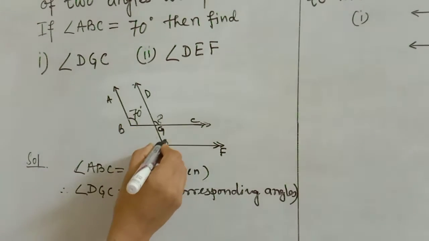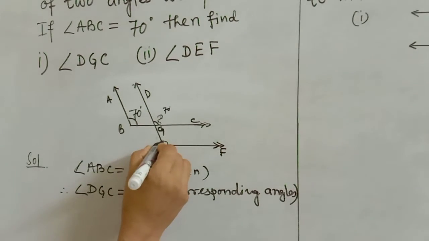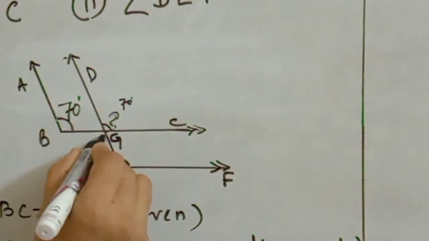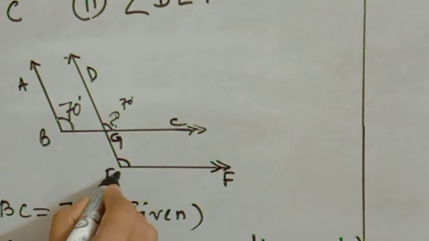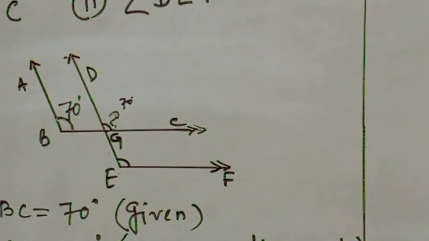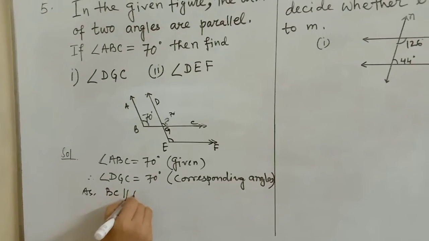Now next you have to find DEF. If this angle is 70 degrees now, then this angle is also a corresponding angle, as BC is parallel to EF.